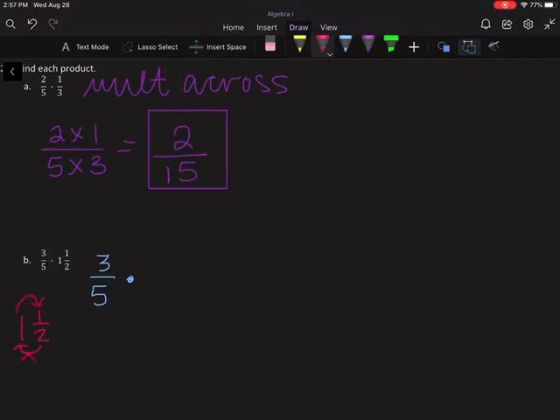I multiply these and I add that solution to 1. So 2 times 1 is 2, plus 1 is 3. So I get 3 over, and the original denominator, which is 2. And then I multiply across. That's 9 over 10.